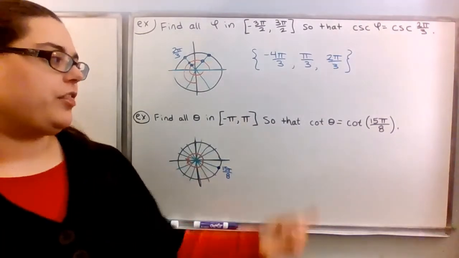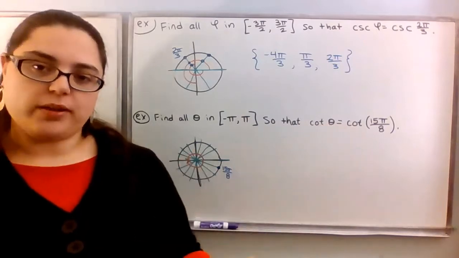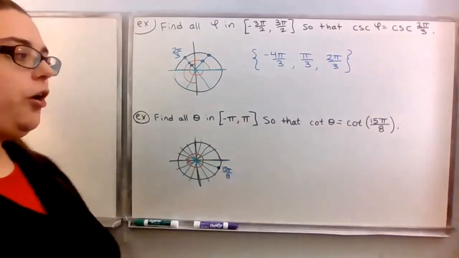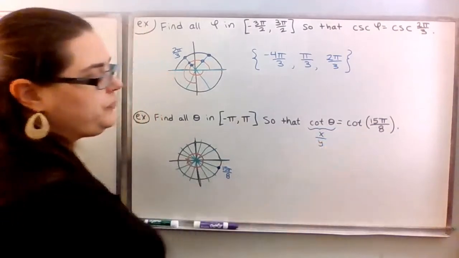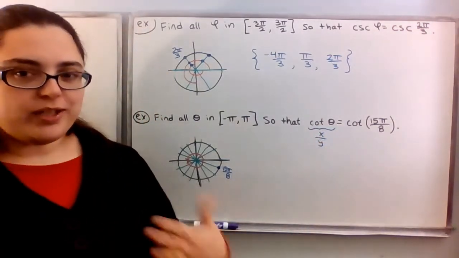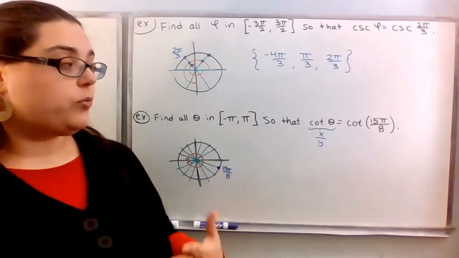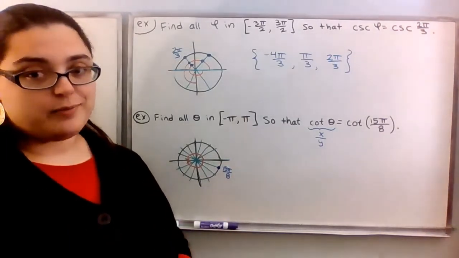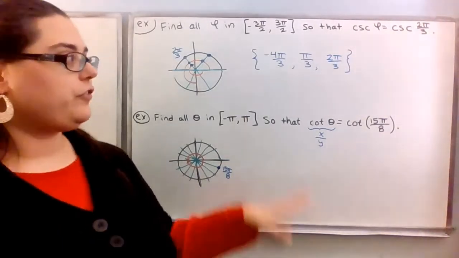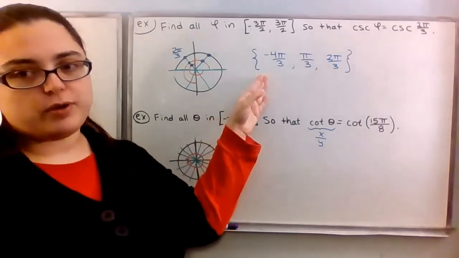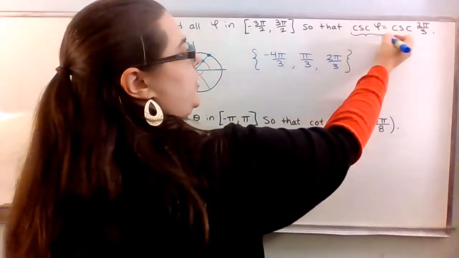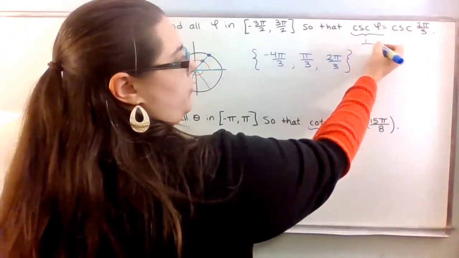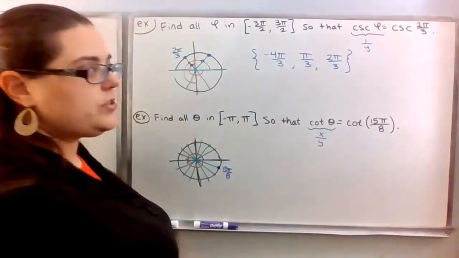Now we need to think about cotangent and how that relates to the graph. So cotangent is the ratio of X to Y. What this means is we need to find all of the places where the ratio of X to Y is the same. This is different from the previous example where we had cosecant, because cosecant is just 1 over Y on a unit circle.